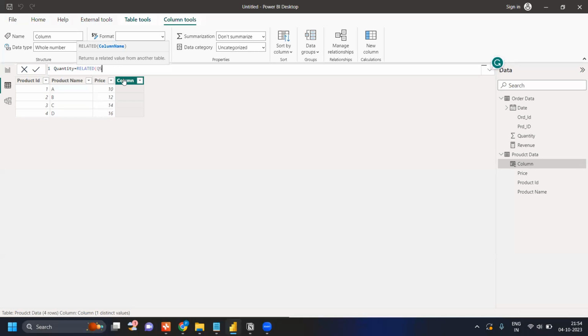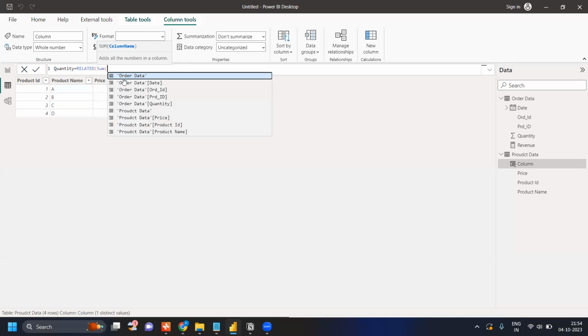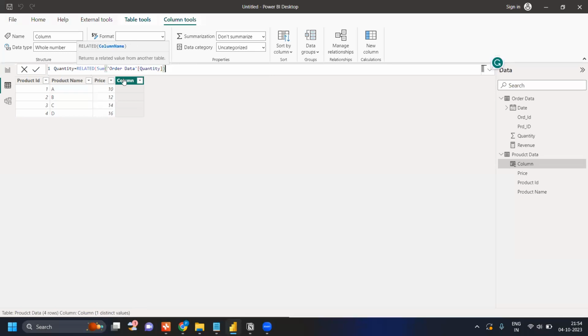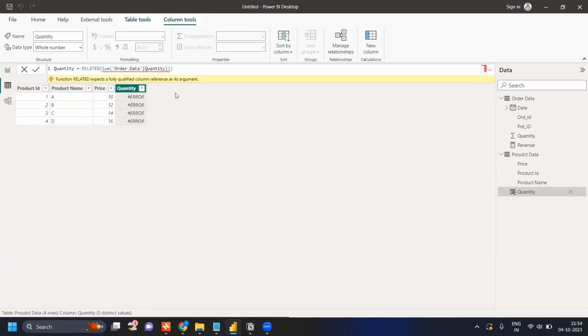Even if you use SUM also, it throws an error. Because one thing we have to remember is we cannot extract a column from the fact table into the dimension table.